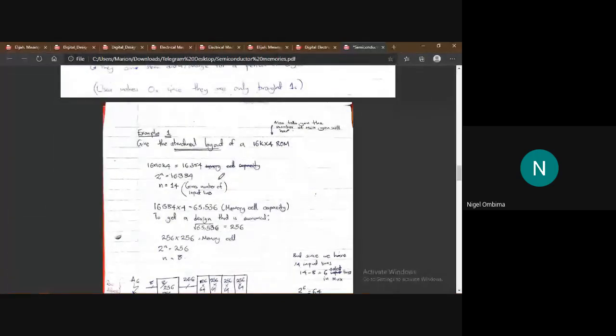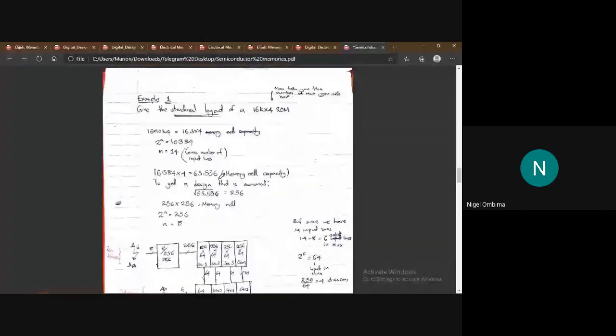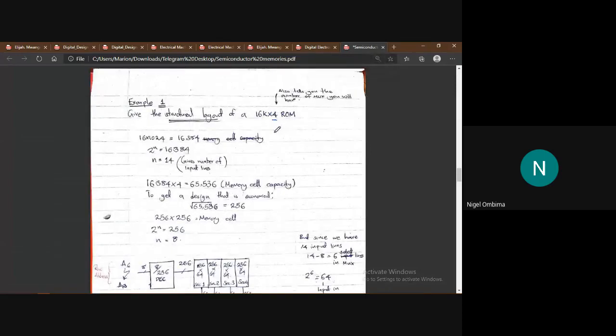Examples are on ROM now. Example 1: give the structural layout of a 16K by 4 ROM. This, as we said, is the data that is stored in each memory cell location of the ROM.